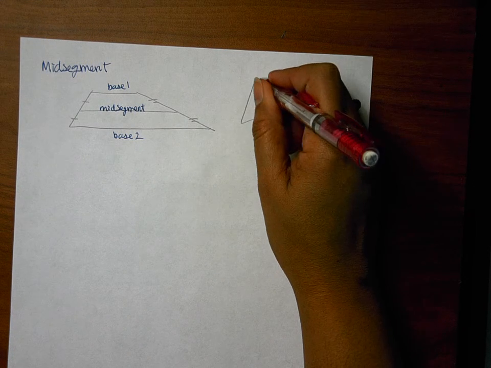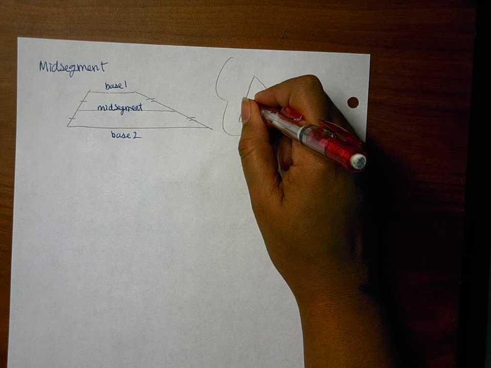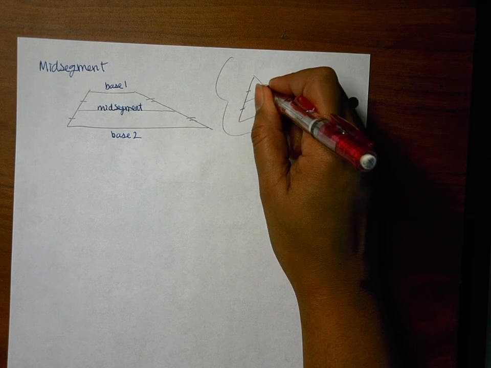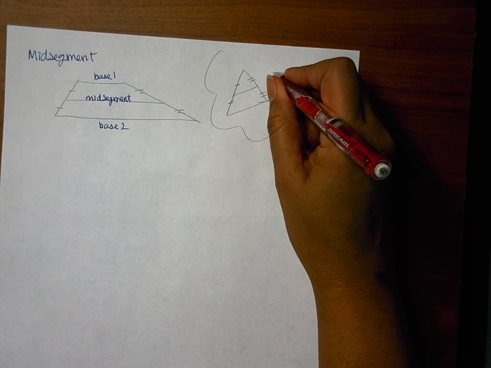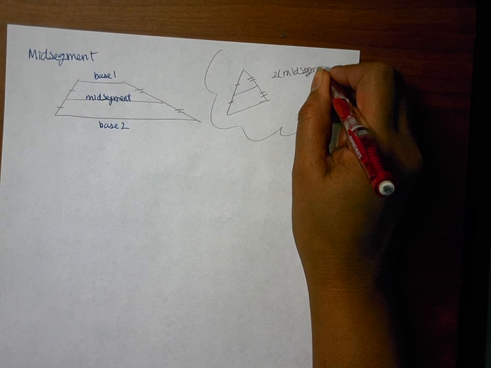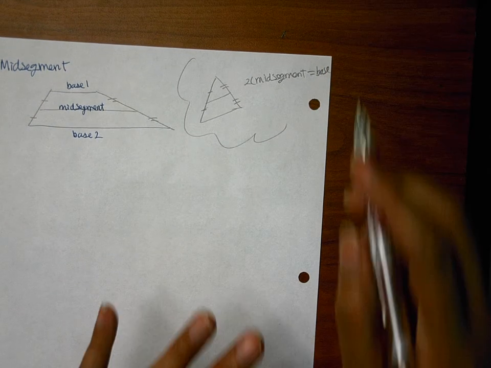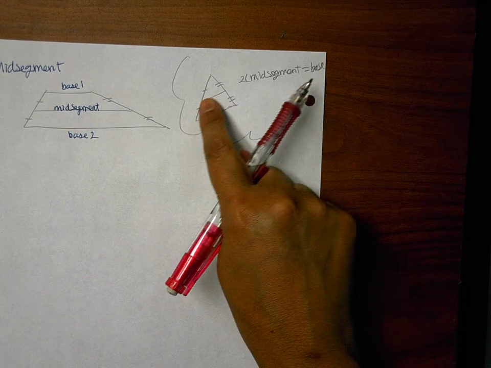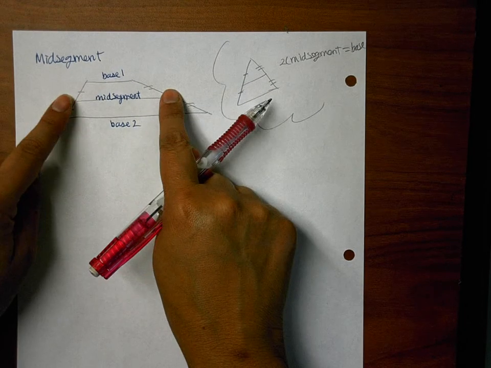So, if I gave you something like this, this is us thinking from last unit, and I cut that in half, and that in half. The formula for this was, if you remember, double the mid-segment equaled the base. You did this one times 2 to equal the base.